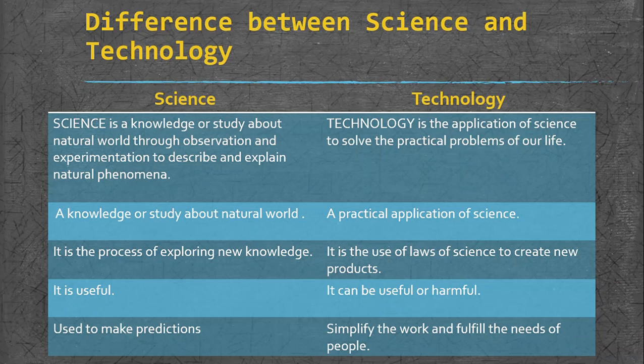But science is useful for all humankind. Let's see another difference. Okay. Science is actually used to make predictions. On the other hand, technology tries to simplify work and fulfill the needs of people. So that's all for the differences.